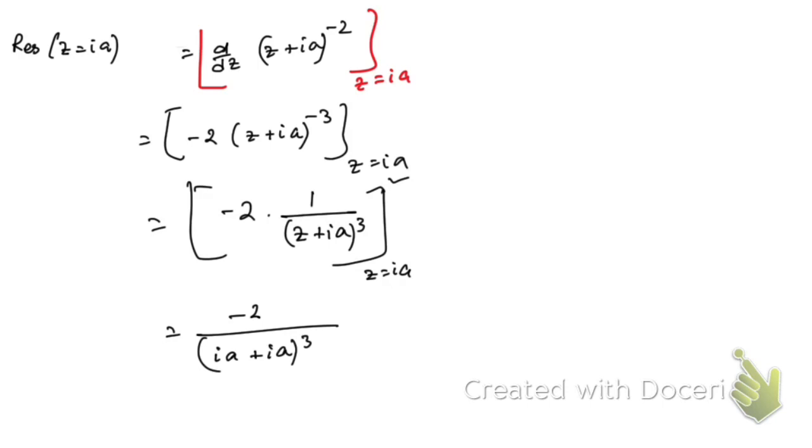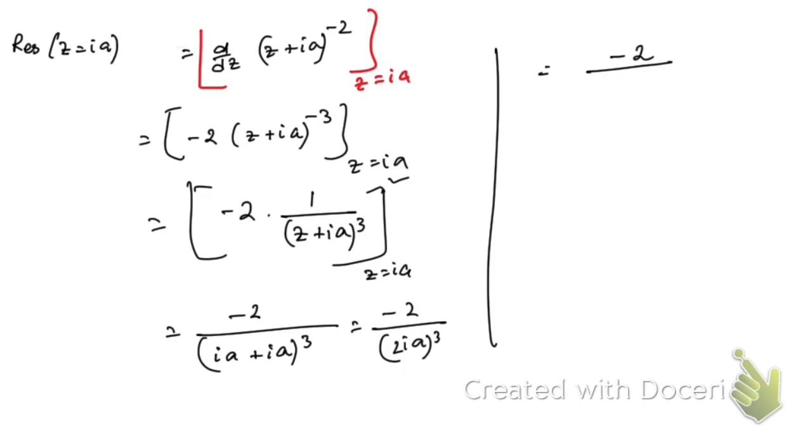So you're going to have minus 2, and here it's going to be (2Ia) whole cube. And if this is the case, it's going to be equal to minus 2 by 8 i cube a cube, right? You can cancel 8 by 2, then you're going to get 4.